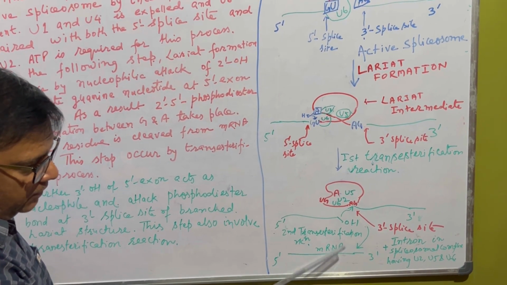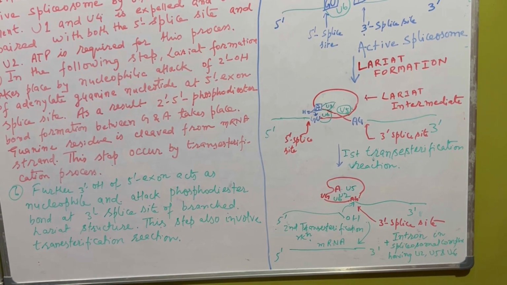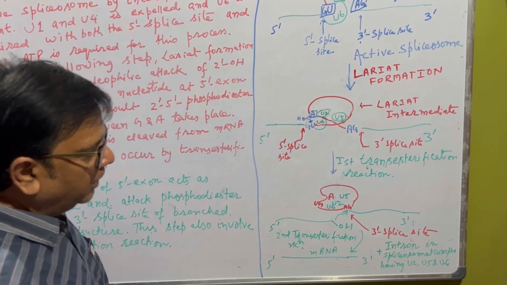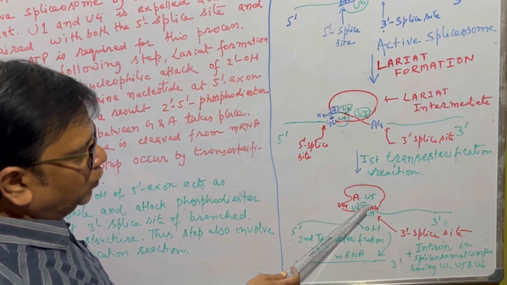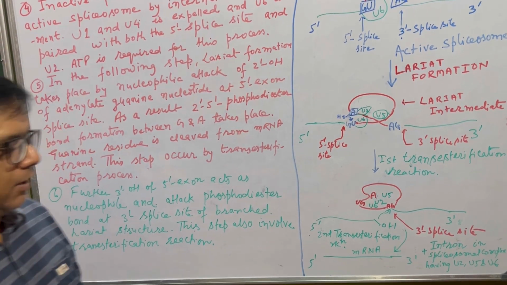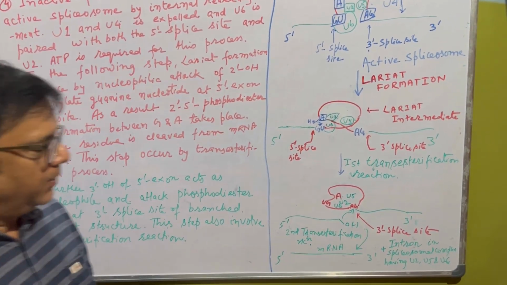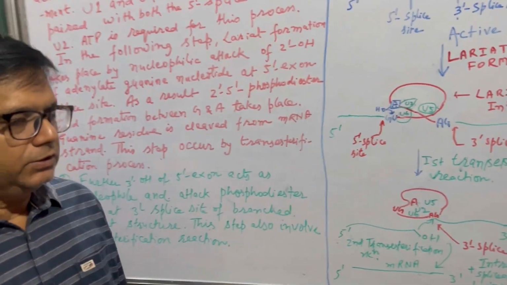which was the target of splicing by the spliceosome, and the intron is removed along with the spliceosomal complex containing U2, U5 and U6 snRNPs, and this disassembles. Once the intron is removed, the spliceosome disassembles.